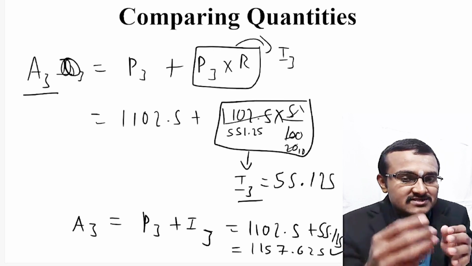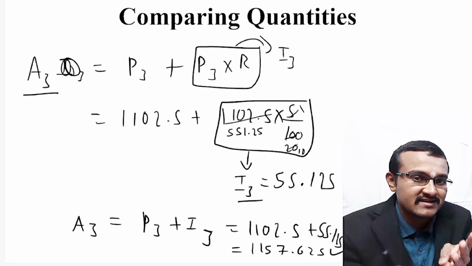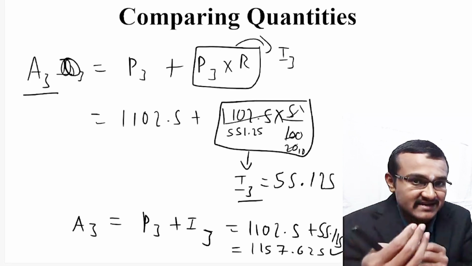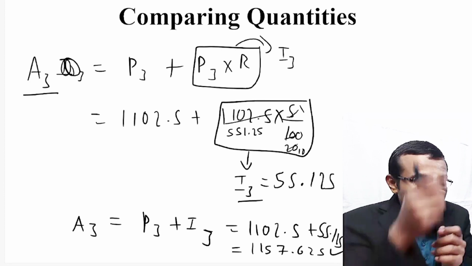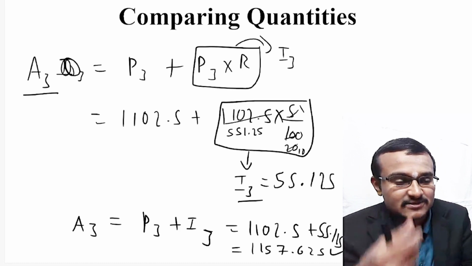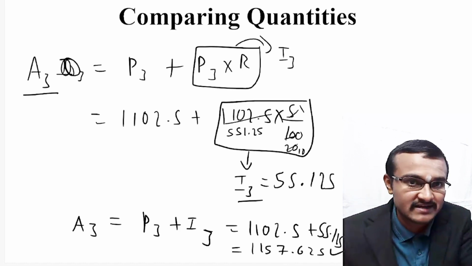But doing this continuously, now I have given 3 years, so I have calculated the interest 3 times. If I give 10 years or 20 years, you cannot calculate the interest 10 times or 20 times. You cannot calculate interest for every year.